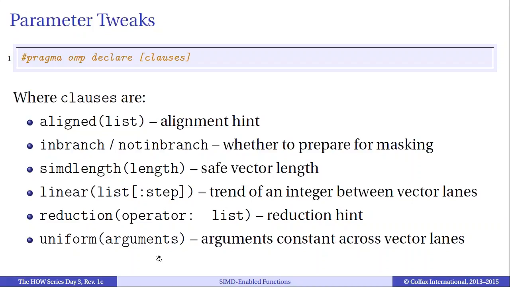Or some arguments may be uniform across different vector lanes. For example, think of the Bessel function. It has the order and the argument. So in principle, this is two function arguments, but normally in a data parallel context, you would call the Bessel function with the same order on different arguments. In this case, you can specify that the order is a uniform argument across different vector lanes.